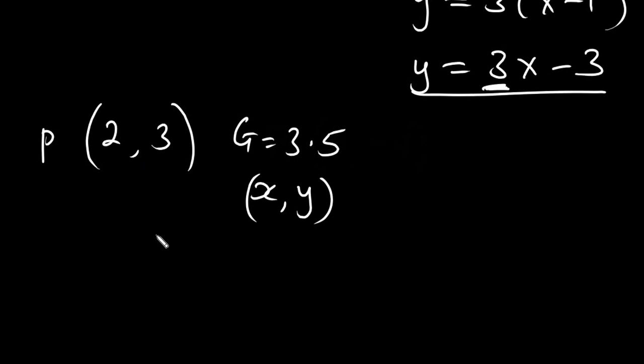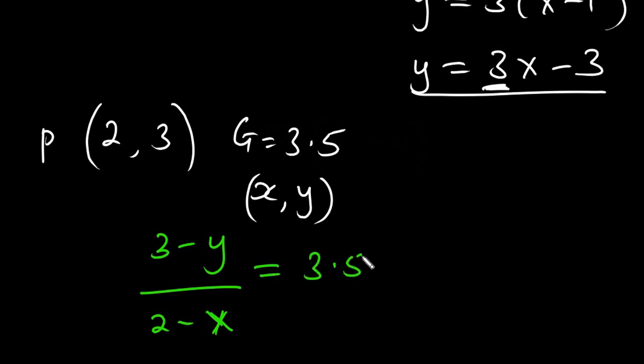So the change in y is going to be 3 minus y, and the change in x is going to be 2 minus x. So that is the gradient of that line in terms of y and x. And we know that the gradient can be found by any 2 points on the line. So this gradient is equal to this 3.5.